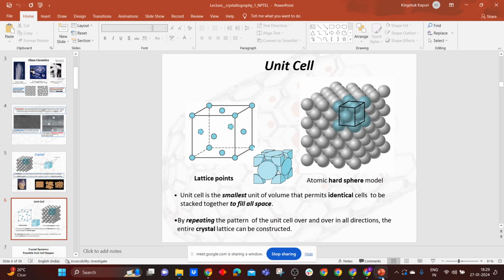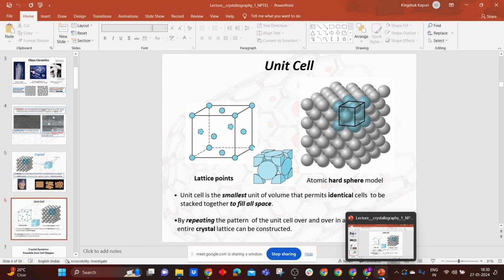If we repeat the unit cell in an ordered pattern at equal distance, say the distance vector is a, in a 5 into 5 grid, we get a square matrix of 5 into 5.